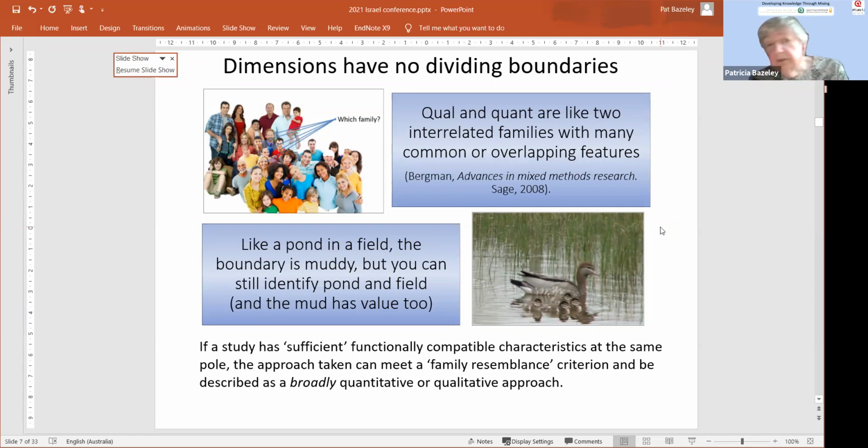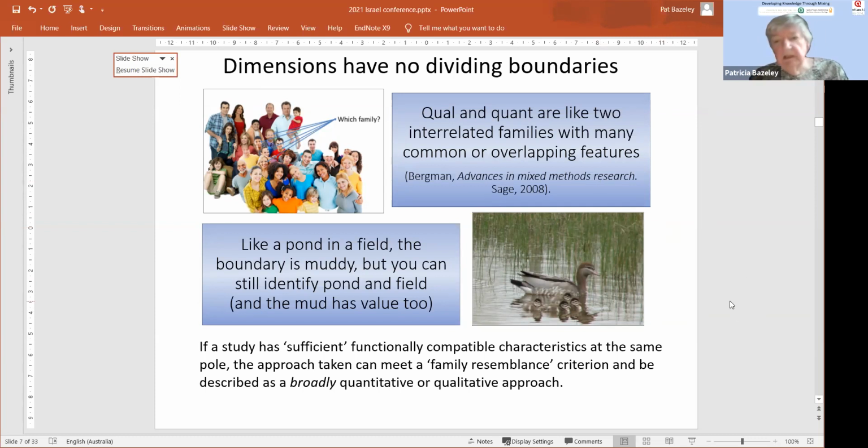Another way to think about it is to think of a pond in a field, and the boundary is muddy, but you can still identify the pond and the field. You can see the pond and you can see the field, and you've got the muddy area in between, and that can be valuable too. So think, for instance, of where you'd grow rice or papyrus. It would be in that muddy area.